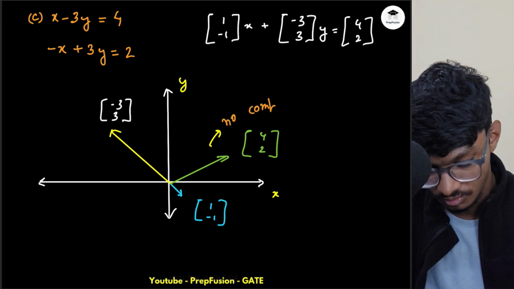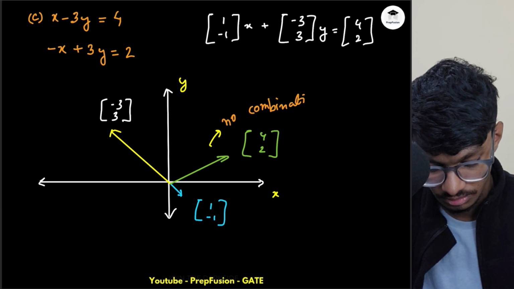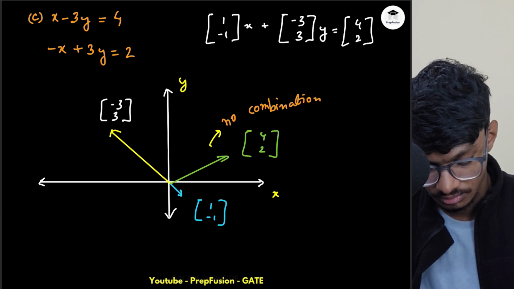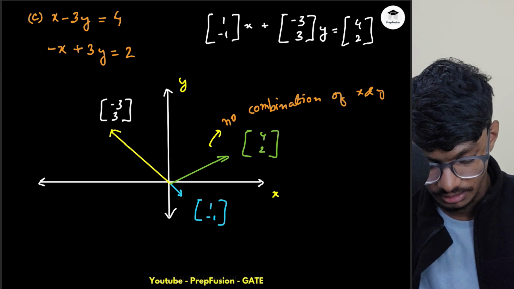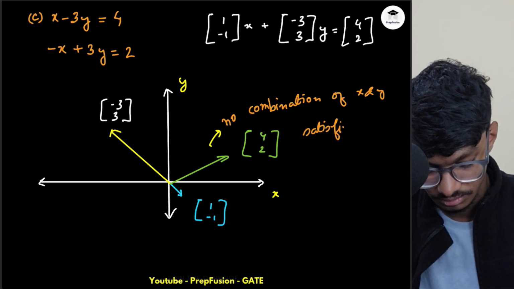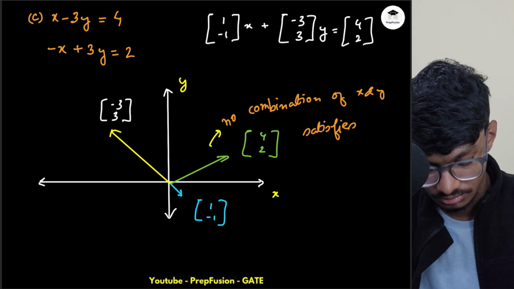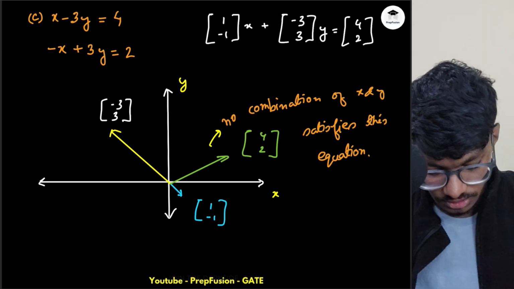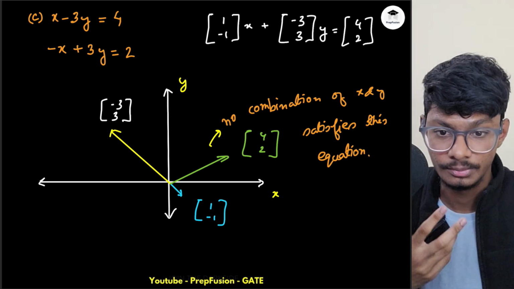No combination of x and y satisfies this equation. Okay, so yeah, this is about the vector representation.